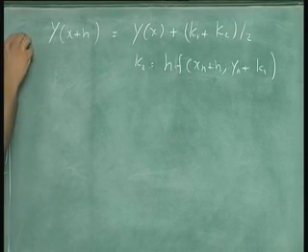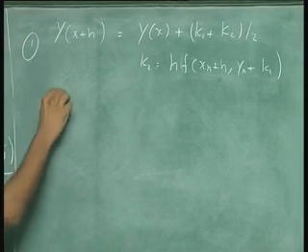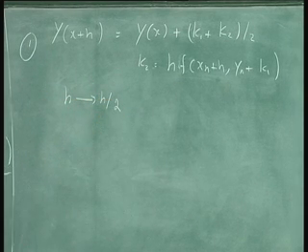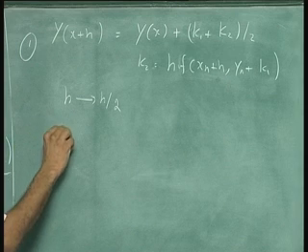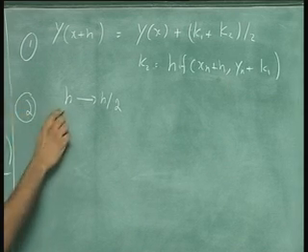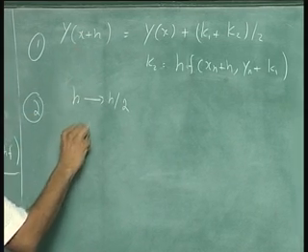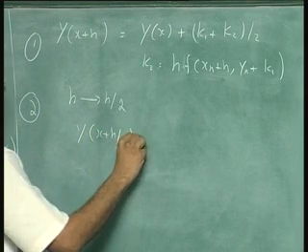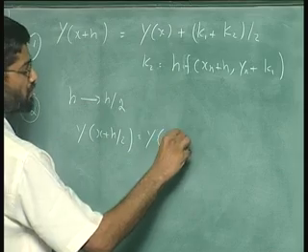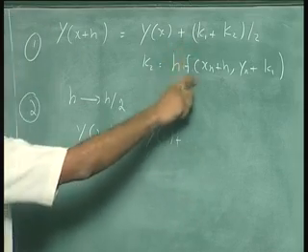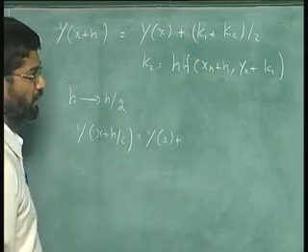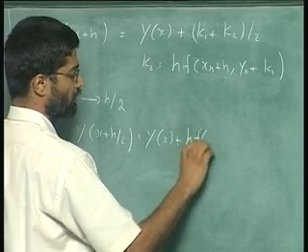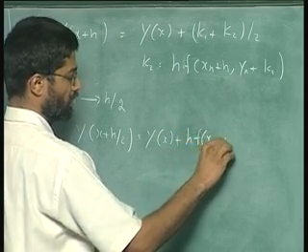That's the first step, and in the second step I take h to h by 2. I would use half the step size and evaluate x plus h by 2 first, from y at x plus k1 and k2 evaluated at xn plus h by 2. That is h by 2 times the function value at xn, yn.